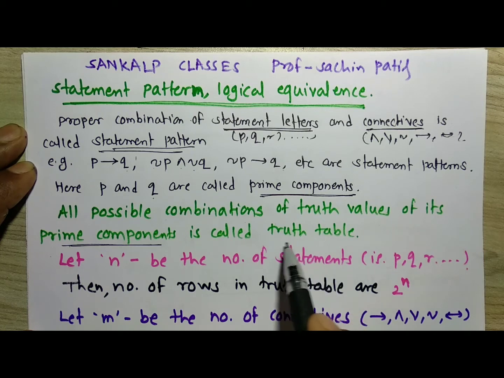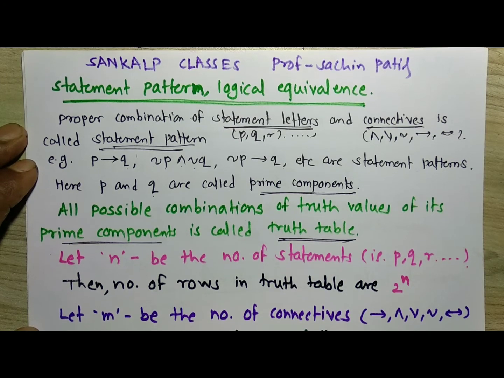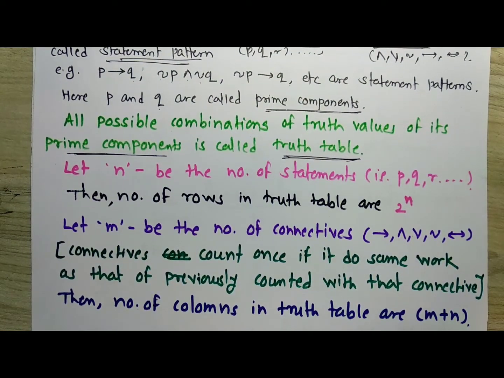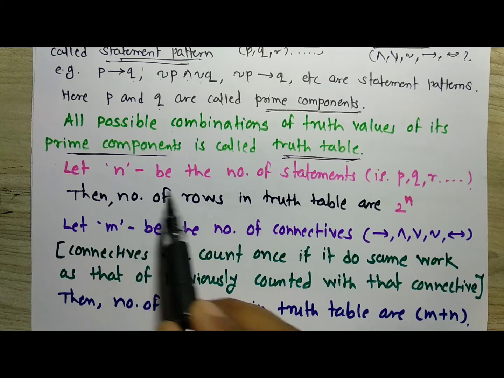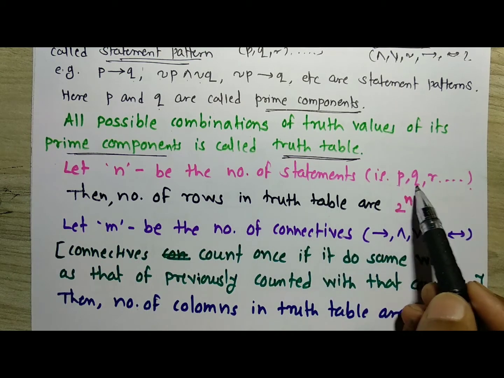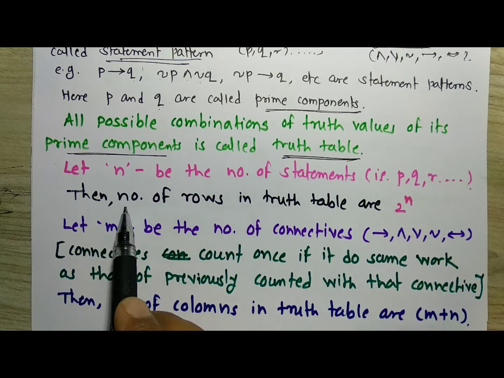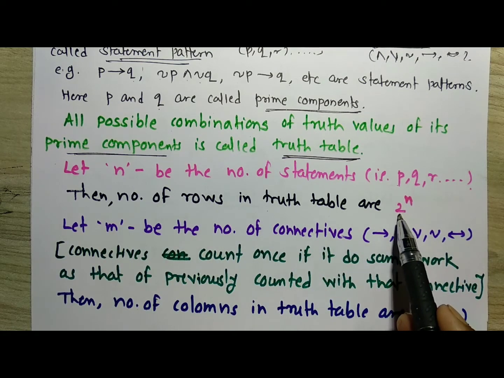At that time you will get the truth table, and we consider how many rows and how many columns it has. Let n be the number of statements, that is P, Q, R and so on. Then the number of rows in the truth table is 2 raised to n.